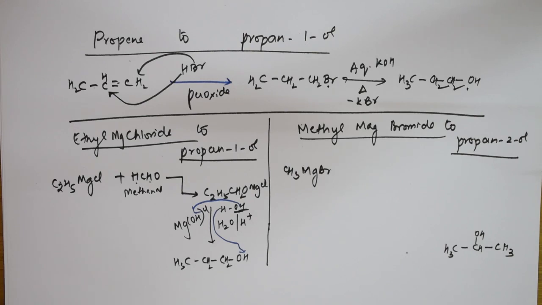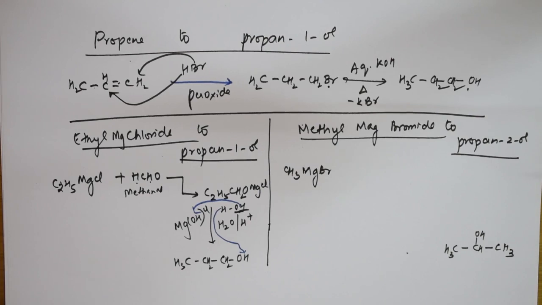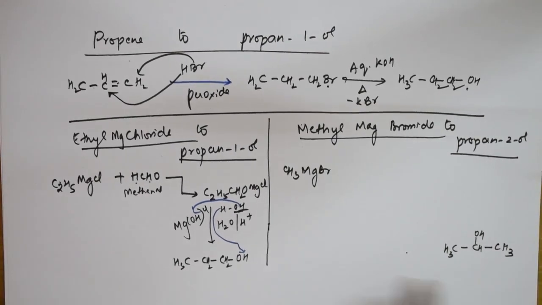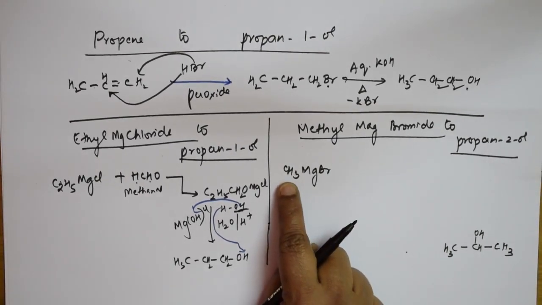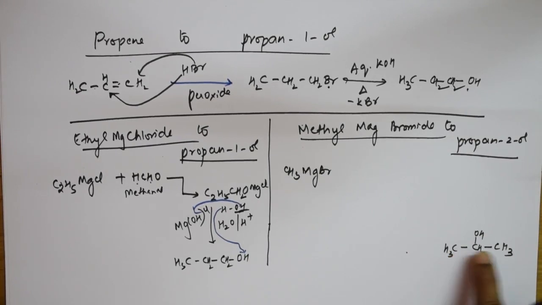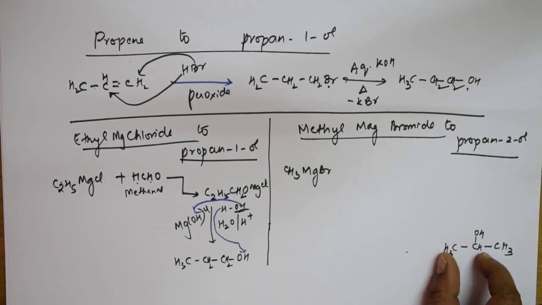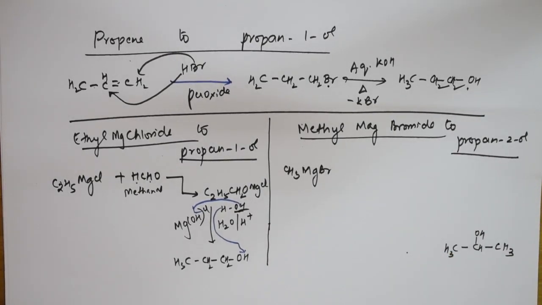Let us see how can I do this. How many carbons are here? There is only one carbon atom. Here how many are there? 1, 2, 3. That means I need to pick up a 2 carbon chain and add to this.